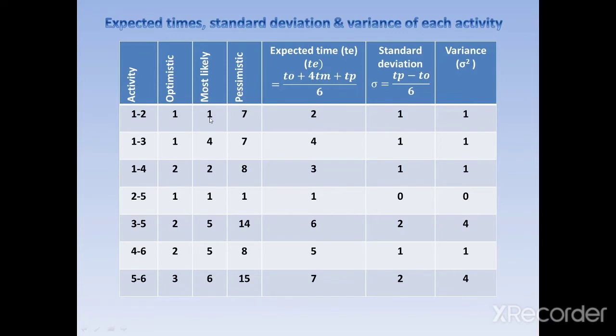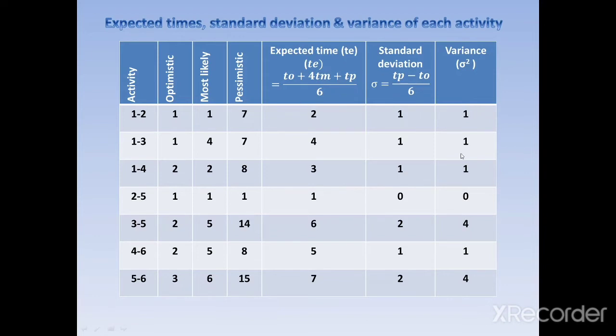So put all these values, TO meaning optimistic, TM most likely, and TP pessimistic, in this formula and you will get these values. Similarly, you can find the standard deviation using this formula. TP is 7 minus TO, that is 1, 7 minus 1 is 6, 6 divided by 6 is equal to 1, and the variance is equal to the square of this sigma value. So 1 square is equal to 1.